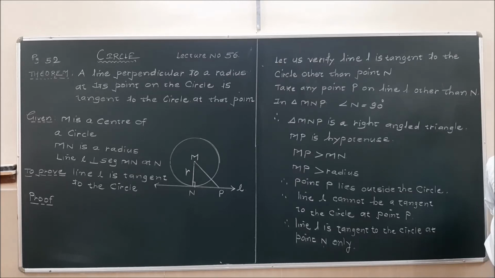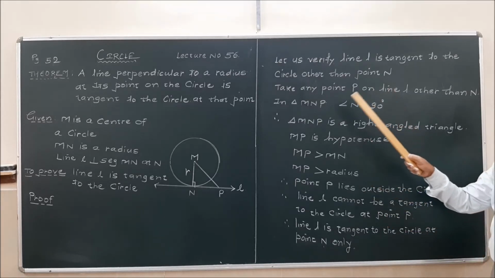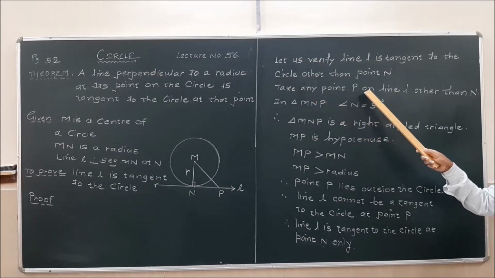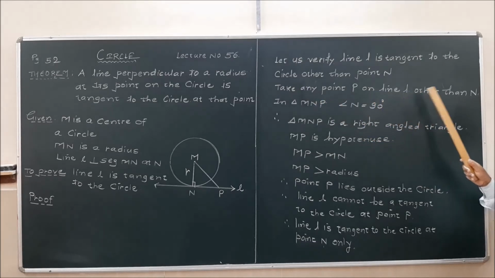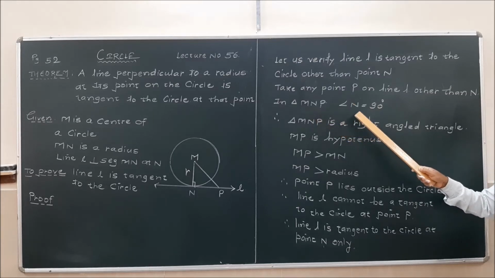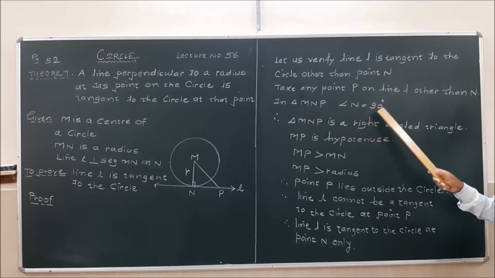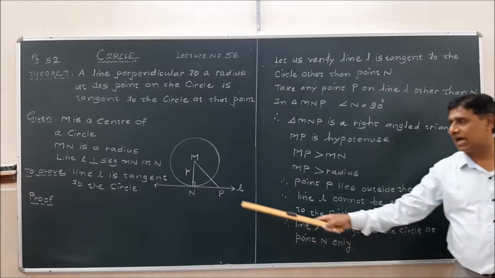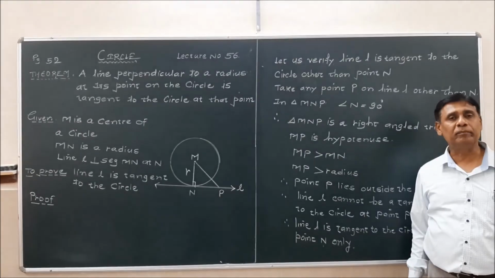That is very important to understand. So take any point P on line L other than N, and therefore in triangle MNP, angle N is 90 degrees. So we are verifying now whether line L is tangent to the circle at point P or not.